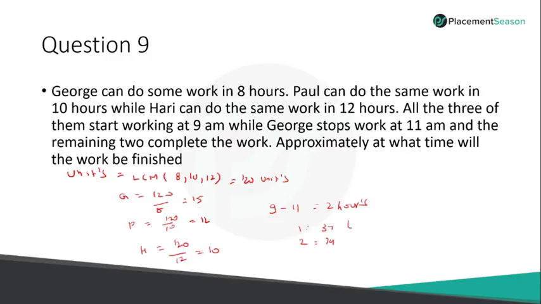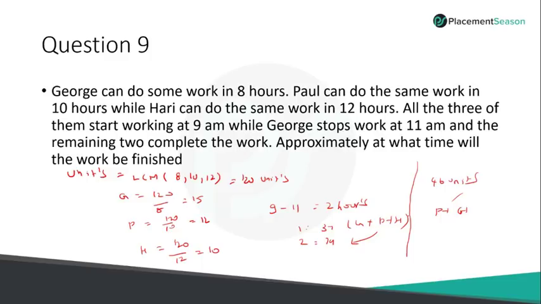George, Paul, and Harry would have finished 74 units when working together till 11 o'clock. So the balance is 46 units that should be finished. This must be finished by Paul and Harry, correct? Because George stops the work. He left the job.